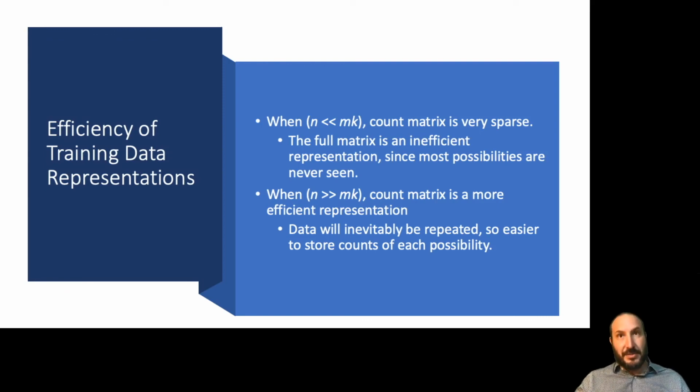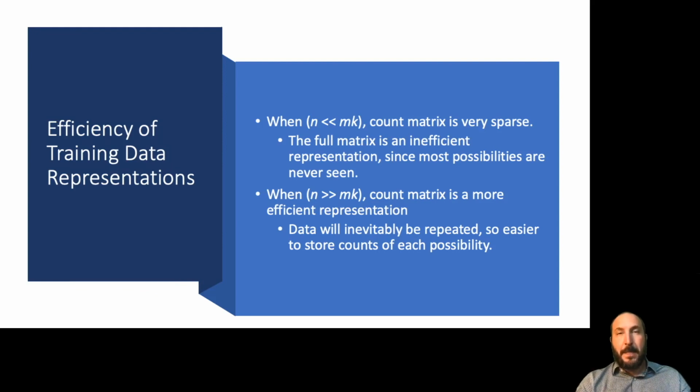That's what m times k represents. In that case, the count matrix is very sparse, and therefore it's a really inefficient representation. It doesn't make sense to have an entry for everything I could have seen when most of the things I've never seen, and I only have ones for a relatively small number of values. That's why you don't see it used that frequently. In this case, it makes a lot more sense to represent your data by just listing the things that you've seen and assuming everything else was not seen.